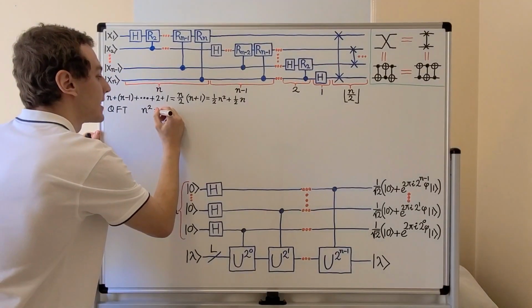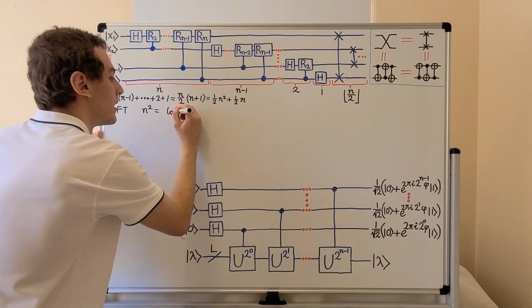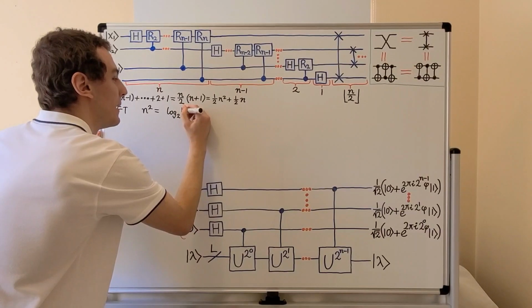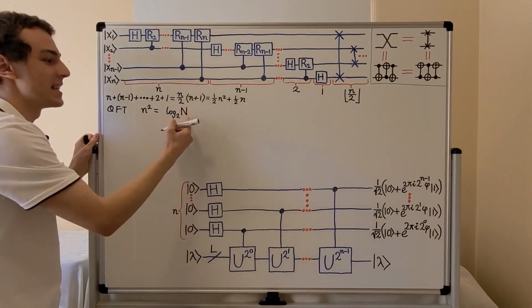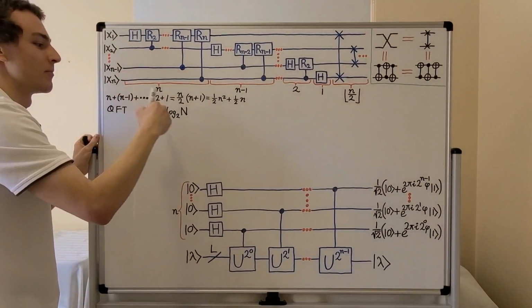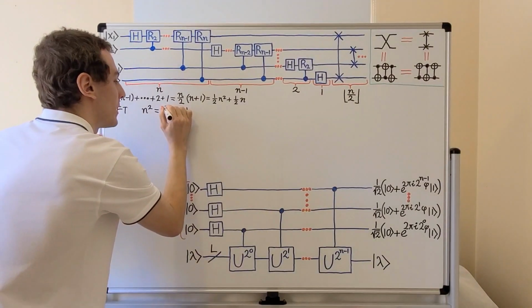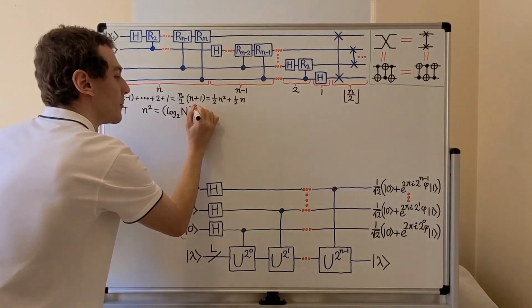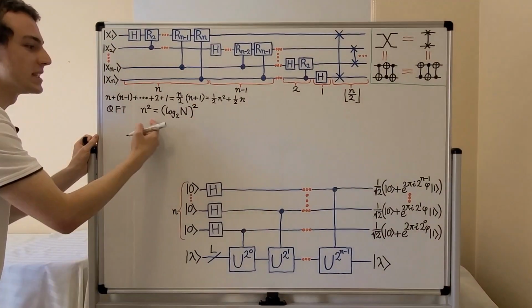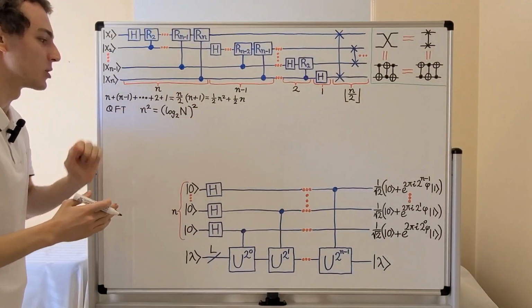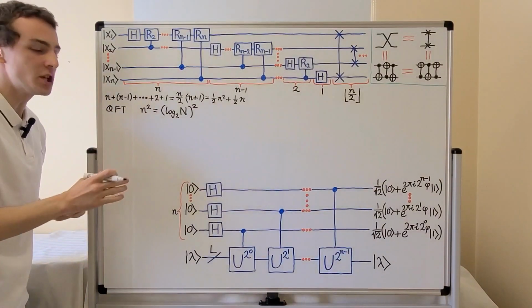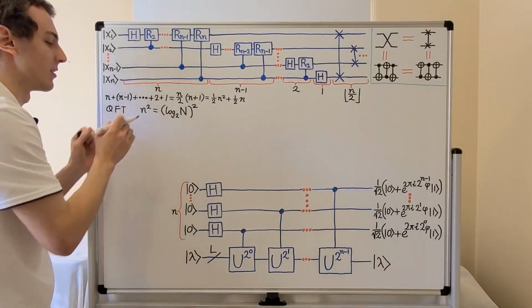And let's actually write this in another format. We can write this as the log base 2 of big N, where big N is the dimension of the Hilbert space. So big N is actually 2 to the power of little n. And we can write this squared over here. So this is another way to represent that growth in the asymptotic limit. And we can also use big O notation for this.